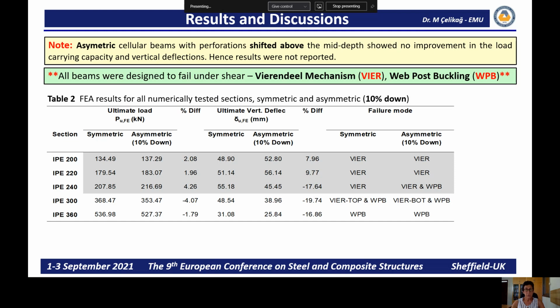For example, they achieved either Vierendeel plus web post buckling, and for the two deeper sections, there was Vierendeel at the top plus web post buckling, and Vierendeel at the bottom plus web post buckling. And the deepest section had web post buckling.